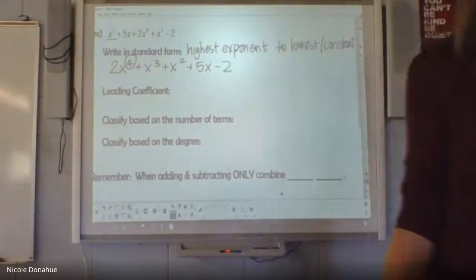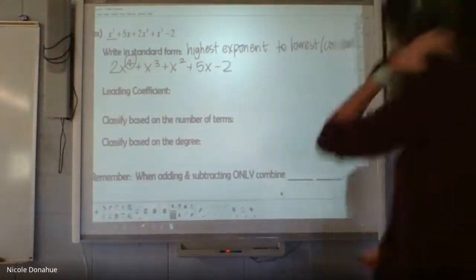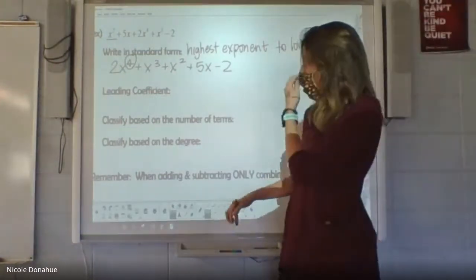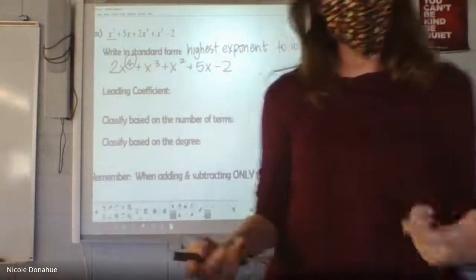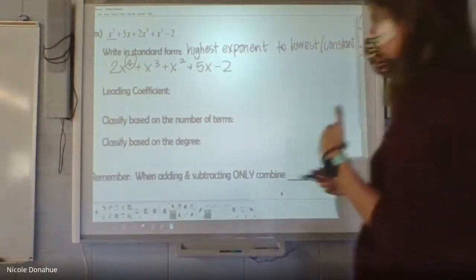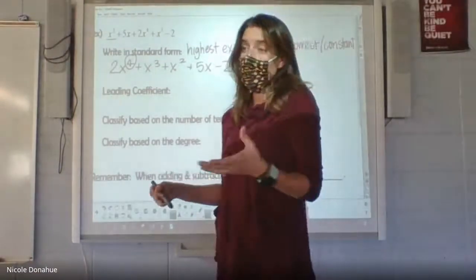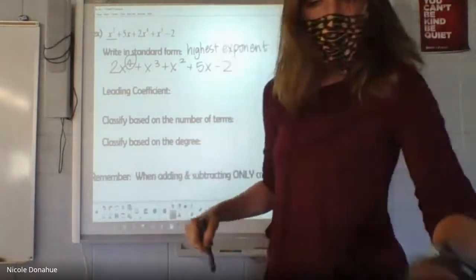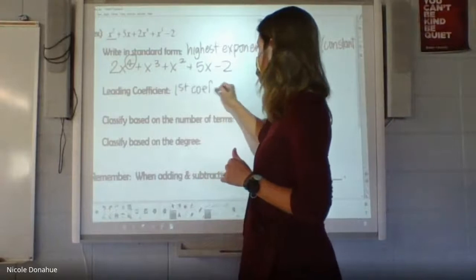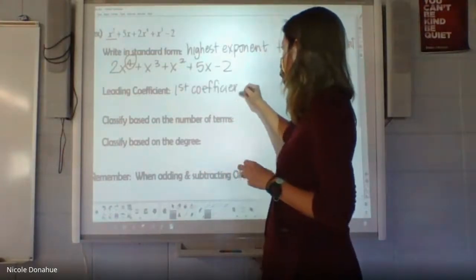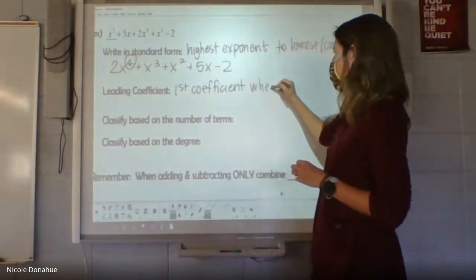So the next thing is the leading coefficient. The coefficients are the numbers in front of the variable. So the leading coefficient is the first coefficient when it's written in standard form. It's like the line leader.